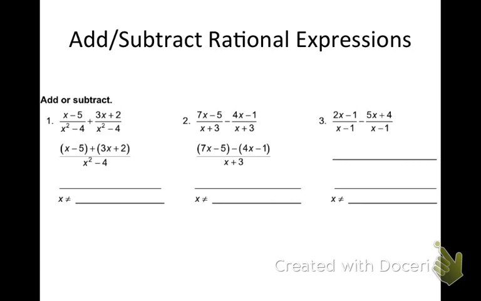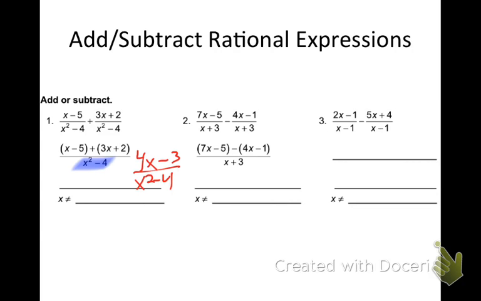So I write it over one denominator. Okay, x squared minus 4, right over the one denominator. And now I'm going to look to combine like terms. x plus 3x gets me 4x. Negative 5 plus 2 gets me negative 3. And I write that all over x squared minus 4.